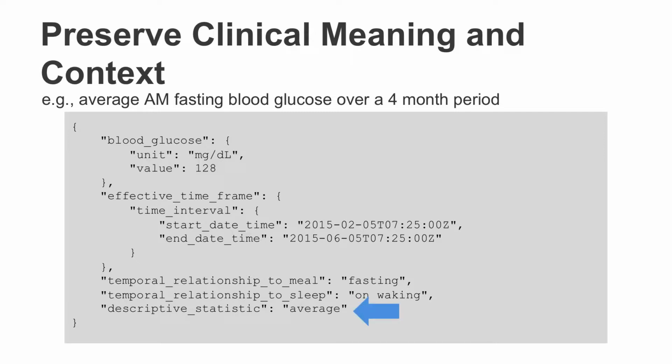So for example, here we have on the bottom descriptive statistic average. So I know it's the average waking relationship to sleep, fasting relationship to meal, blood glucose 128 milligrams per deciliter, over a time frame of February to June 2015, okay? So if I wanted to say all that, I can say it cleanly.